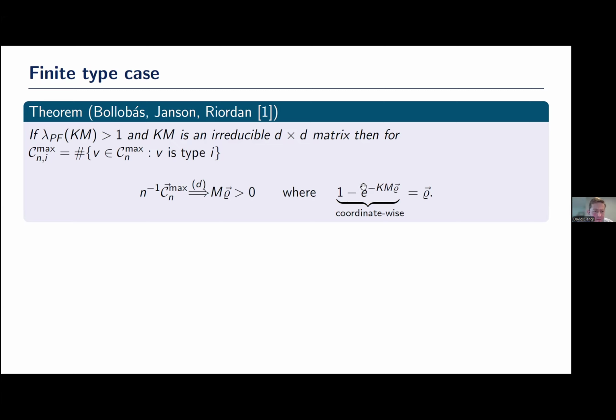And I will point out that this left-hand side is interpreted coordinate-wise. So we do this matrix-vector multiplication, K_M rho, then we do exponentiation coordinate-wise in that vector. This is slightly stronger than the general result that I wrote before.